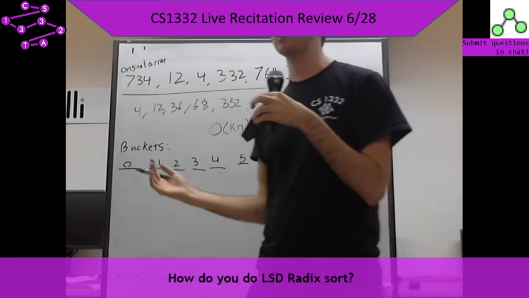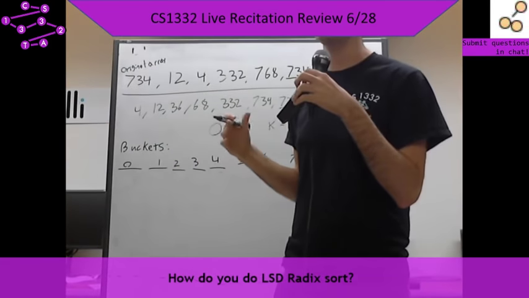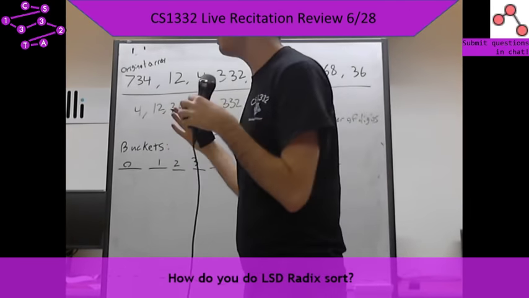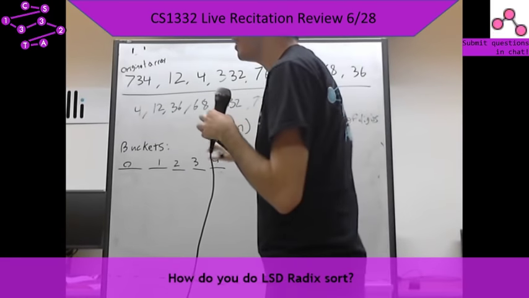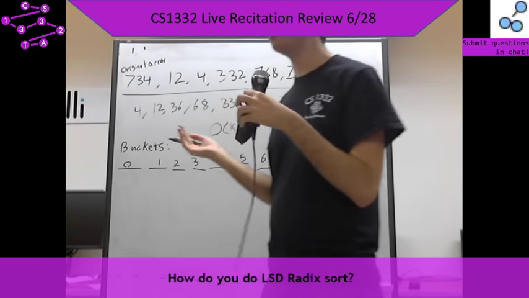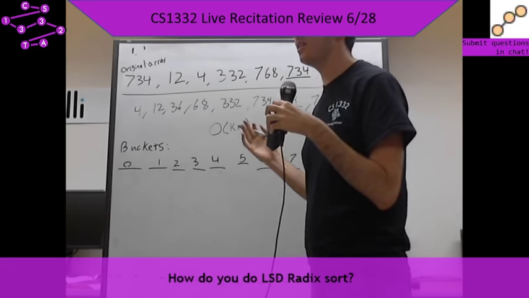So if we're sorting relatively small numbers, think 3, 4, 5 digit numbers, then O of kn is actually pretty good. If we're sorting huge numbers like 100-digit numbers, then it isn't great.